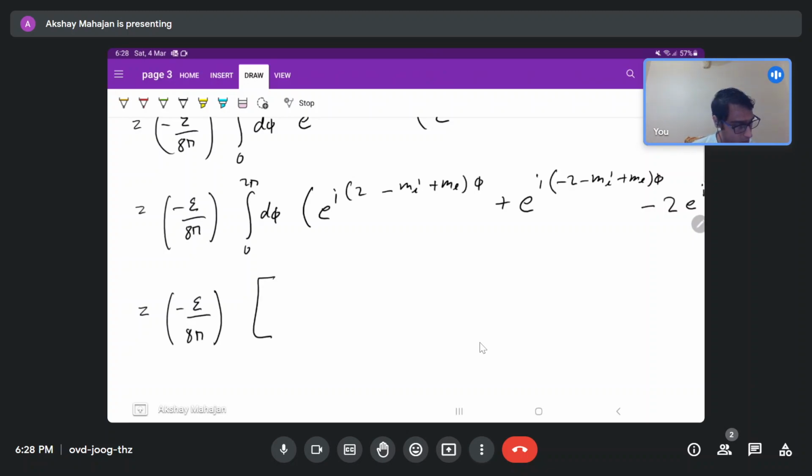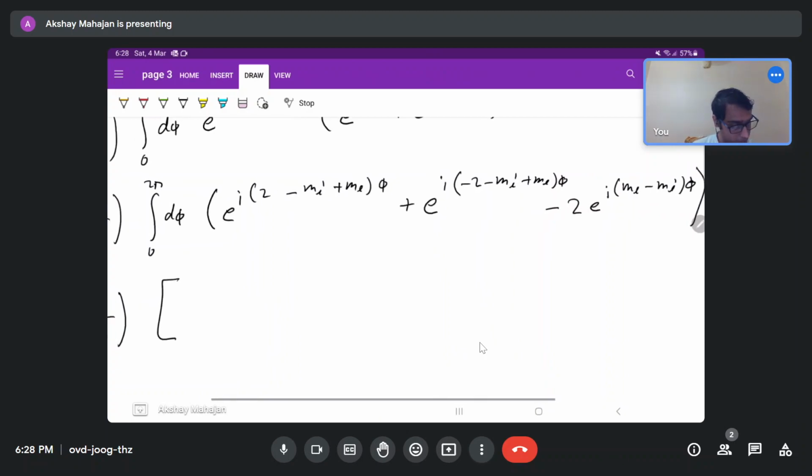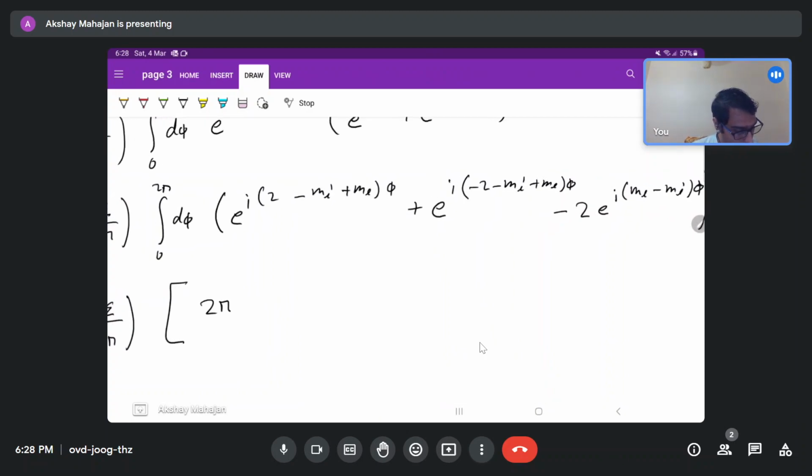From the first term we get 2π times δ(ml', ml + 2).